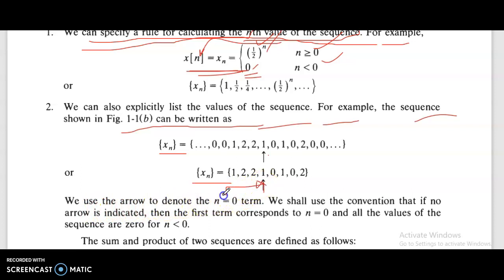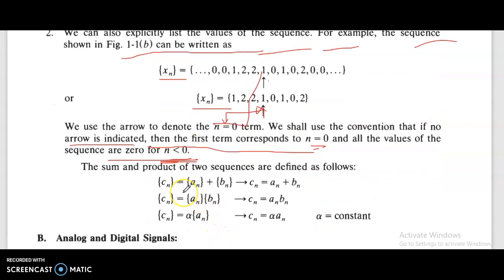Here is n equal to 0. We shall use the convention that if no arrow is indicated, then the first term corresponds to n equal to 0, and all the values of the sequence are 0 for n less than 0.